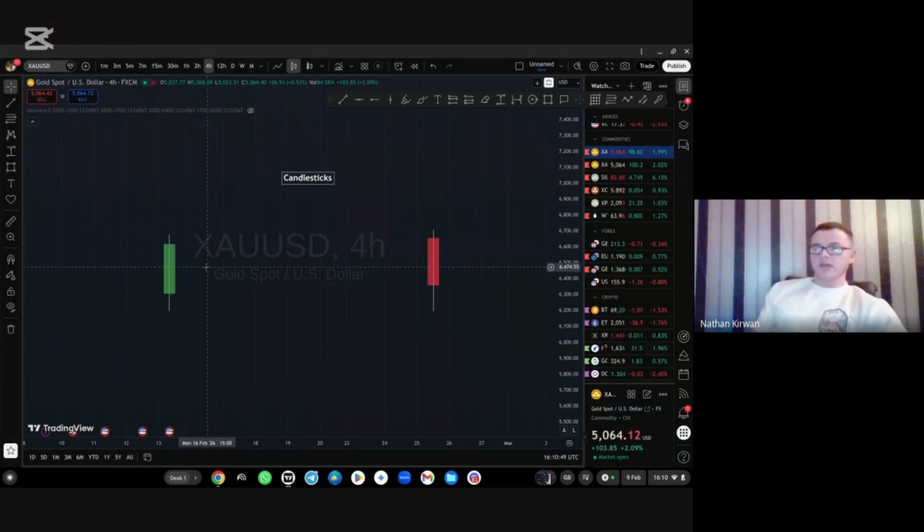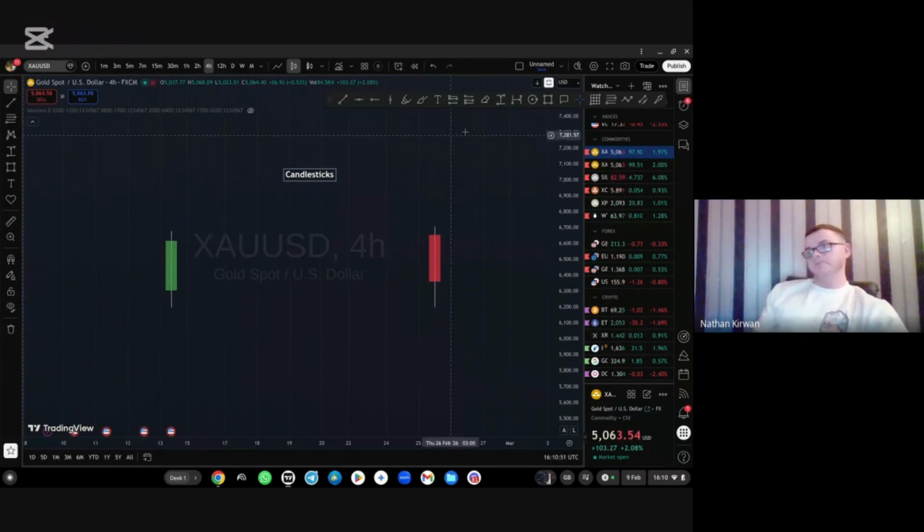So when you're looking at the candles, they print differently. Every candle has a high and every candle has a low. Every candle has an open and every candle has a close. Now, start with the bullish. Bullish candles always open low and close high.